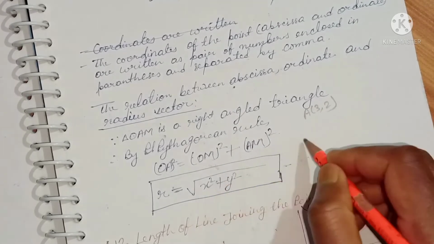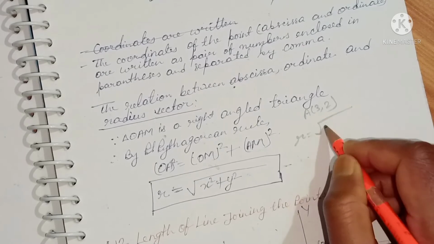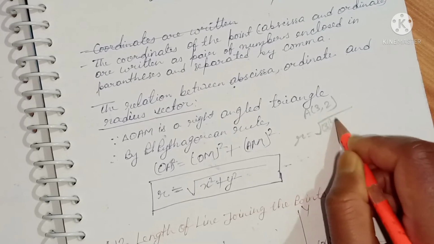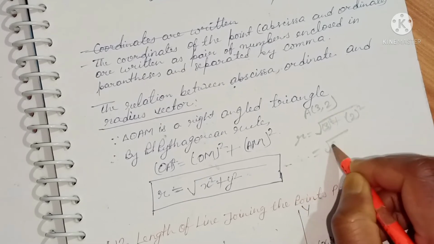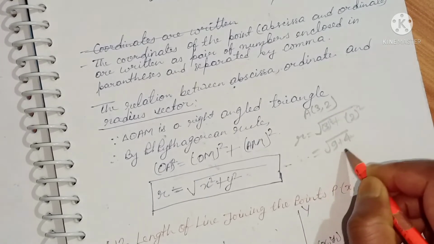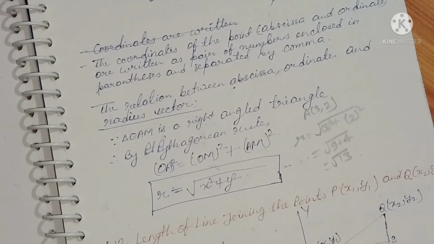So R we can write down as square root of x square plus y square, so 3 square plus 2 square. So here we can write 9 plus 4, which equals square root of 13.